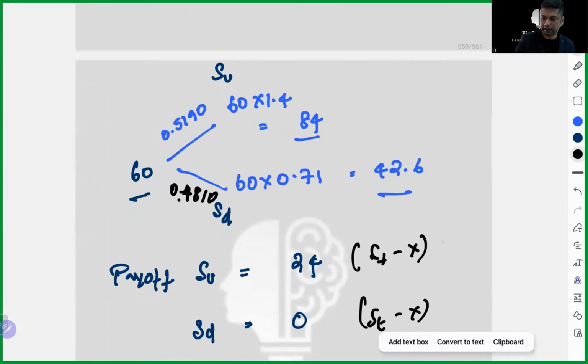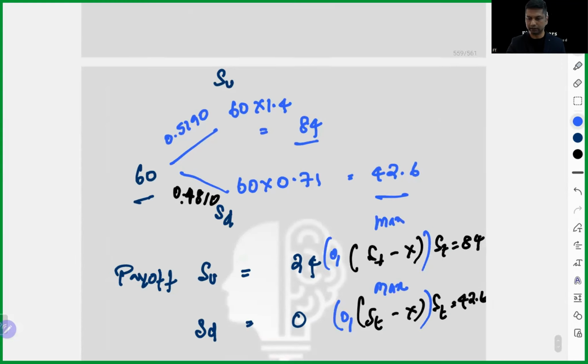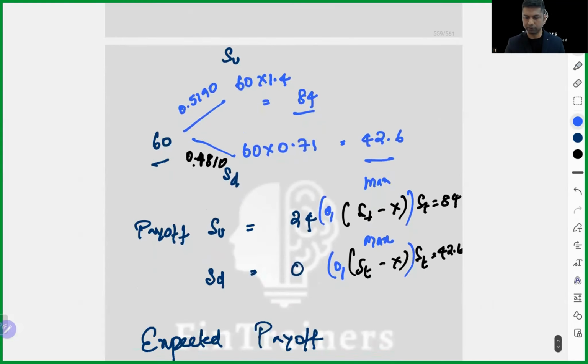This is at ST equal to 84, the up move, and ST equal to 42.6 for the down move. If my spot is less than my strike, it is going to be the max function of 0, comma ST minus X, so the down move payoff will be 0. That makes our calculation easier. There's no calculation on the downside.